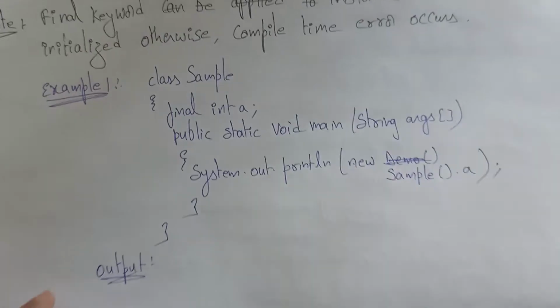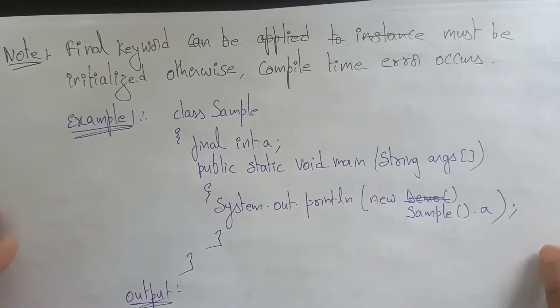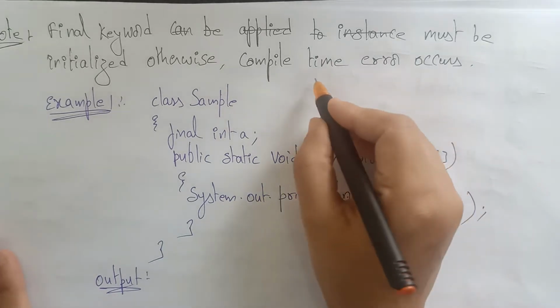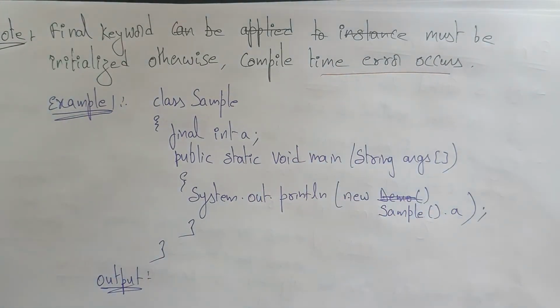And one more point: a final variable must be initialized. Otherwise, a compile time error occurs. Because if you initialize it, then only you are not supposed to change it. Declaration alone is of no use because you have to assign some value. Whenever you assign a value, it becomes a fixed value for that variable, whether it's a class variable, instance variable or local variable.